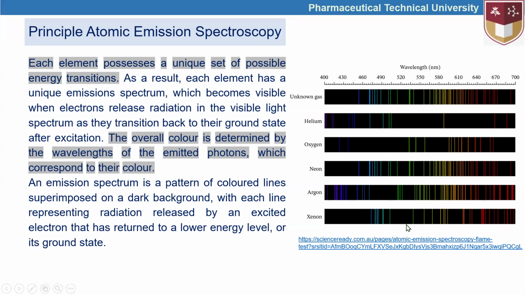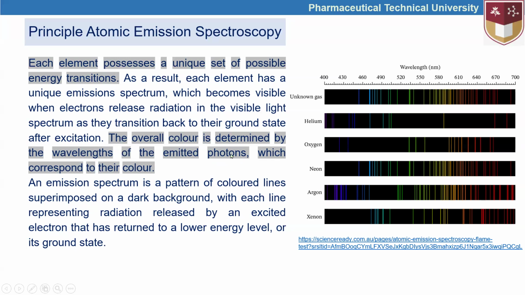For example, here, here and here, and in the red spectrum here, or yellow spectrum here, we can see quite many differences among them. So we claim that every single atom has its unique emission spectrum, which becomes visible when electrons release radiation in the visible light spectrum as they transition back to their ground state after excitation.